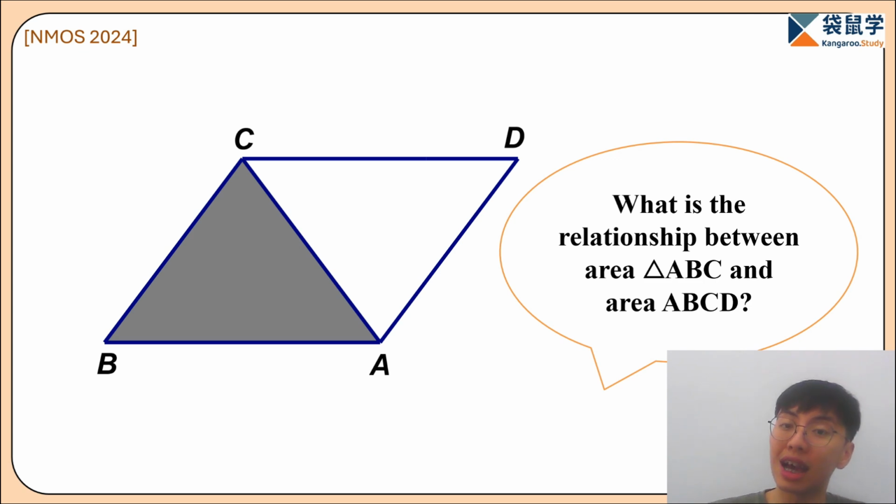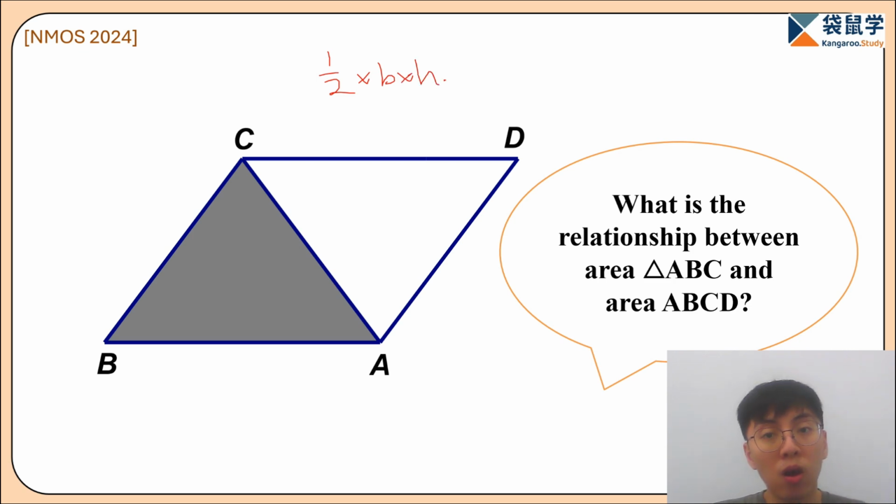So let me ask you, what is the area for a triangle? We know that the area of a triangle is just half times base times height. Then we look at the triangle ABC. What is its base? Its base is just this line here, BA. And its height is this part here.